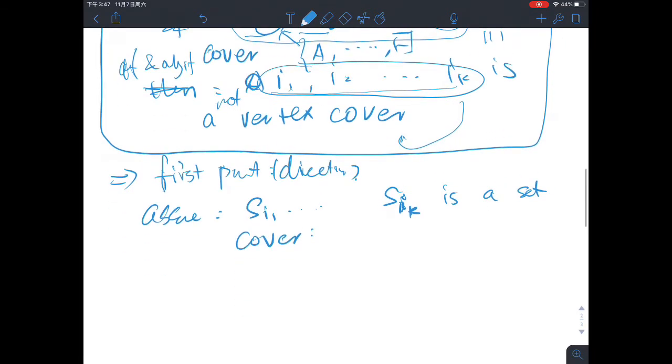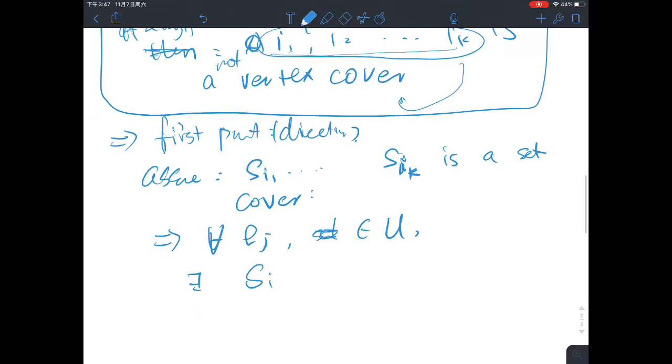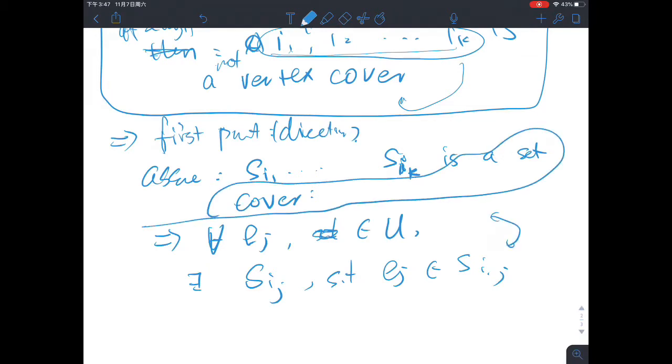That basically means that for any Ej in the universe there exists an Sij such that Ej is in Sij. This is really just the definition of the set cover.